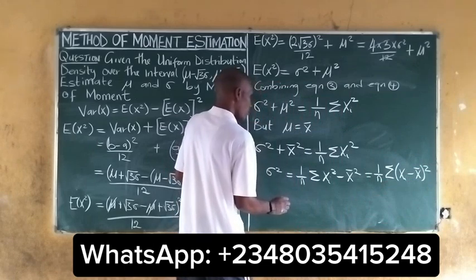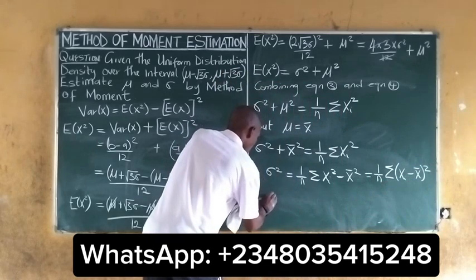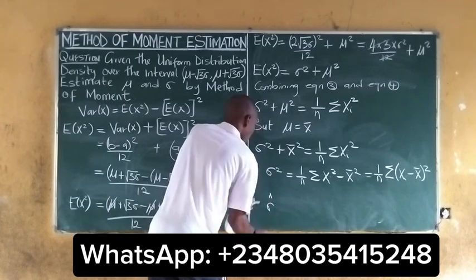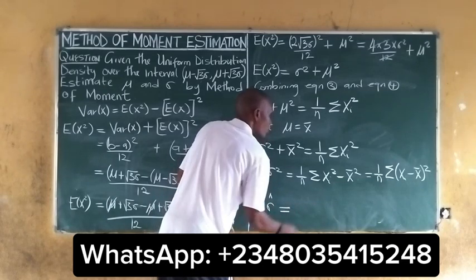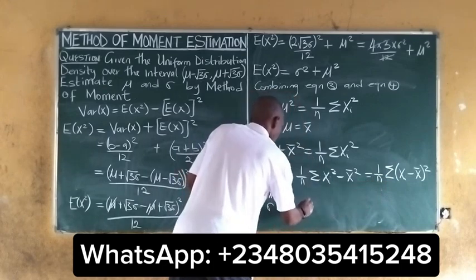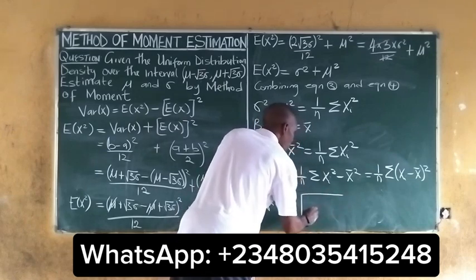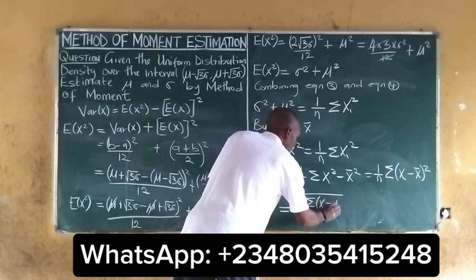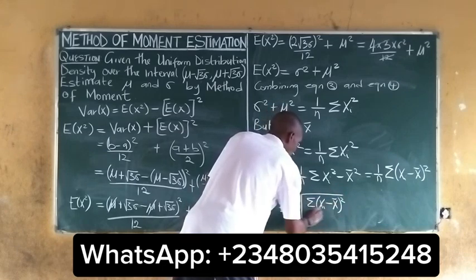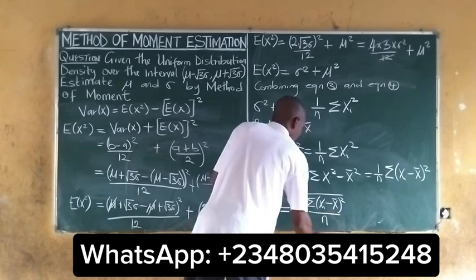So our sigma estimate will now be equal to, taking the square root of both sides, the square root of summation of xi minus x bar all squared all over n.